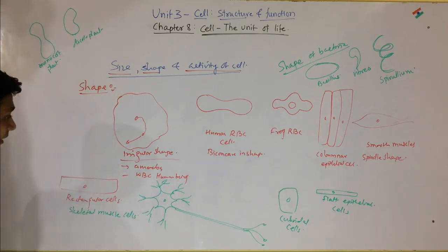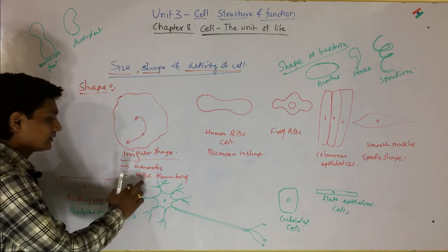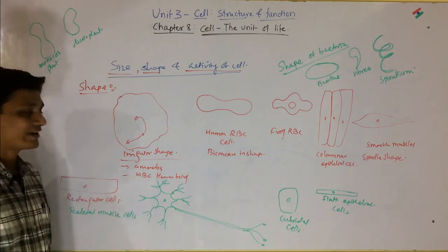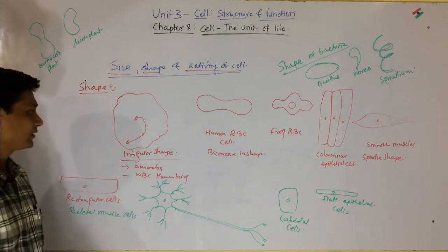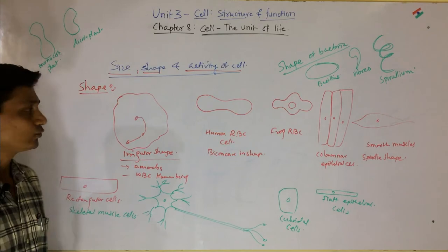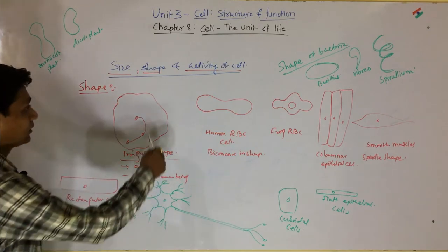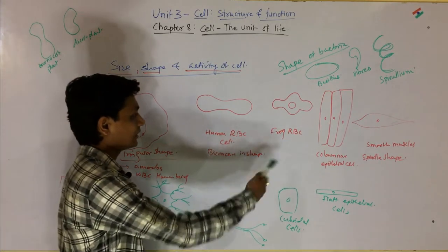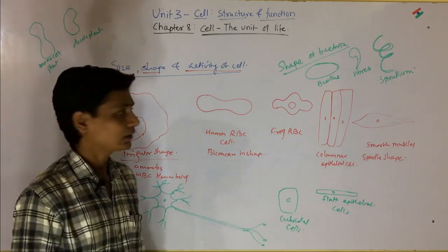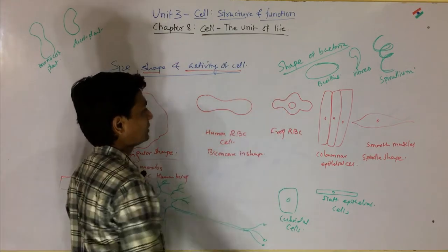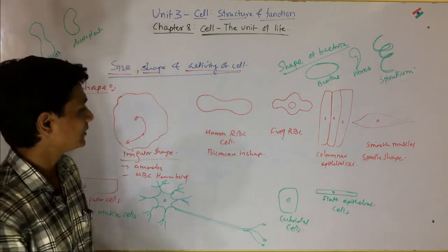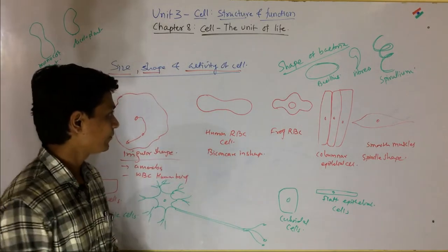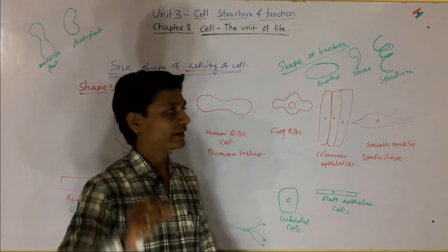This is an irregular shape, which in human beings is present in the WBCs, and it is also called amoeboid, as in amoeba. Amoeba also moves by the use of pseudopods. Then RBCs are biconcave in shape, while frog RBCs differ. As our RBCs don't have a nucleus, they are biconcave, and the middle piece shrinks here.